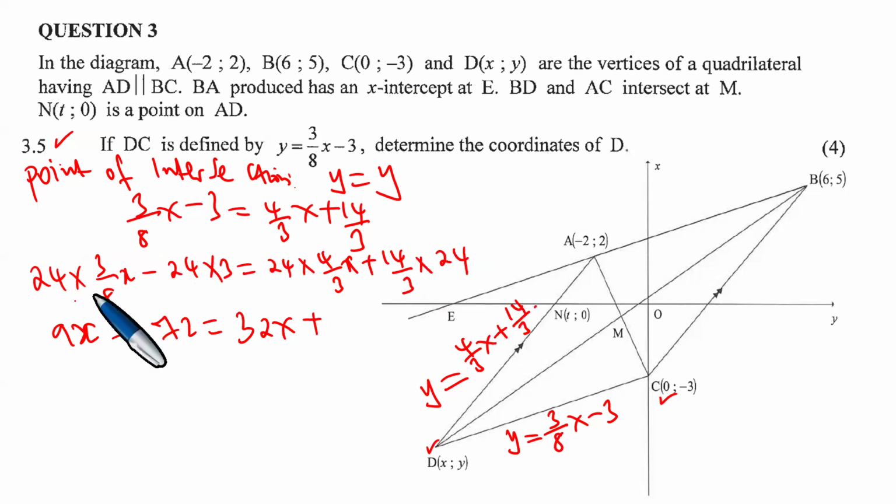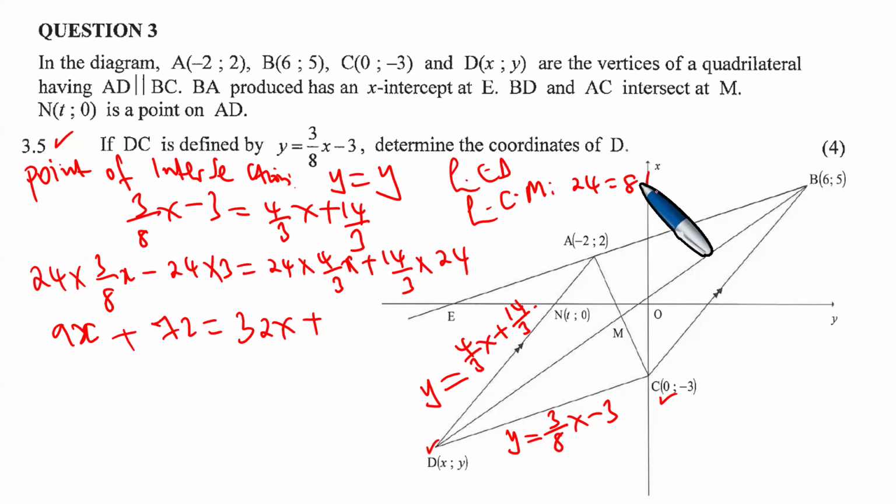So in other words, we took 24 and multiplied each of the terms. Why? Because 8 times 3 is 24, and that gives us the LCD, the lowest common denominator, which arises from the lowest common multiple. The lowest common multiple at this point is 24, a product of the 8 and the 3, which are the denominators.